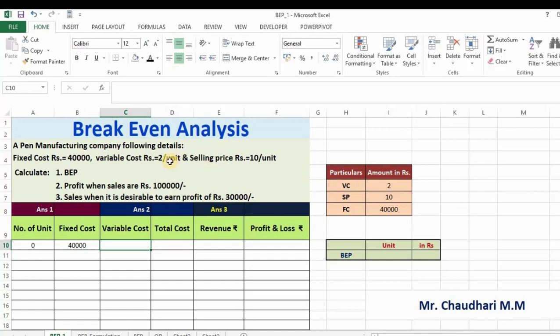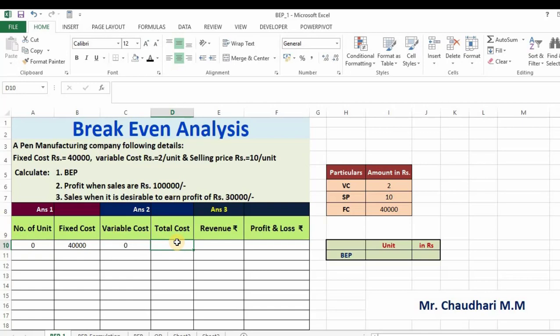So it is equal to this variable cost multiplied by the number of units, and again I will freeze the variable cost per unit by using the F4 key and then enter.